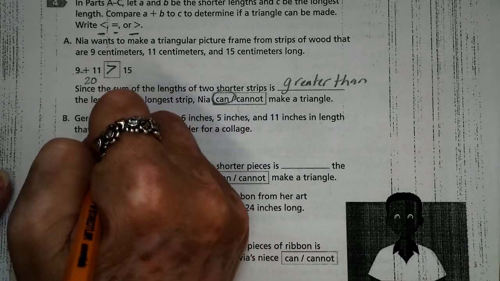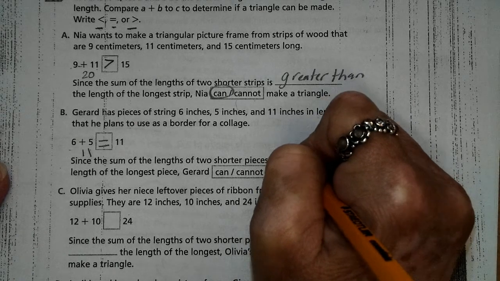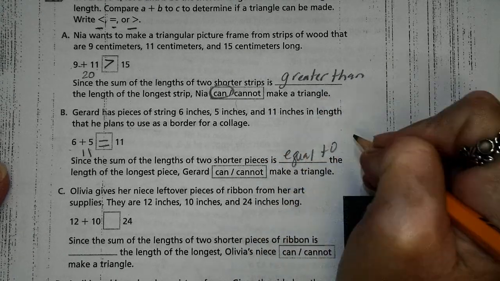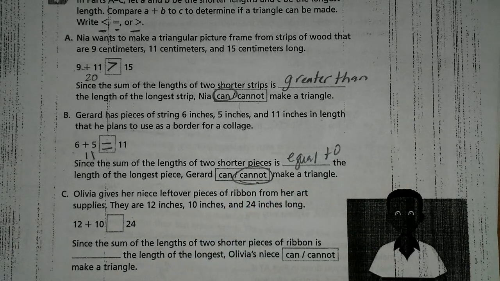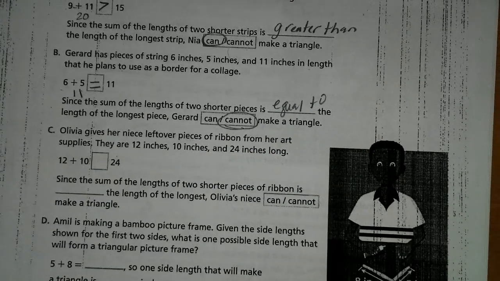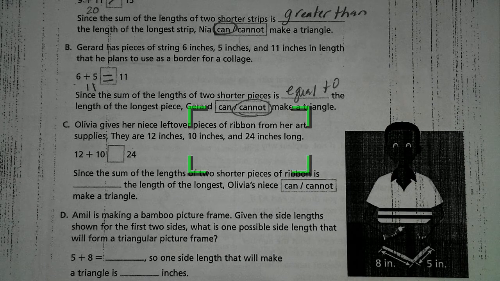Equal to, correct. So if it is equal to, then it cannot make a triangle.